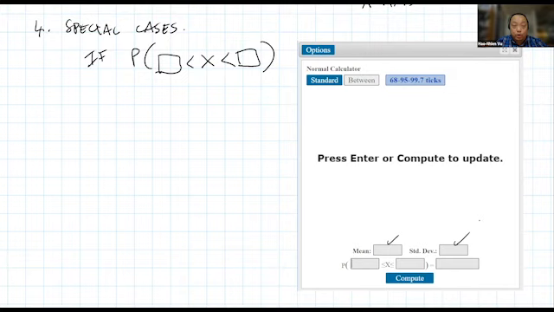And then either you're given the area, in which case you fill it in, and then you leave the other two boxes blank, or you fill in the two boxes and you leave the area blank and you click compute. That's a complete guide on how to do a normal distribution problem of the kind that normally shows up in a statistics class using StatCrunch.